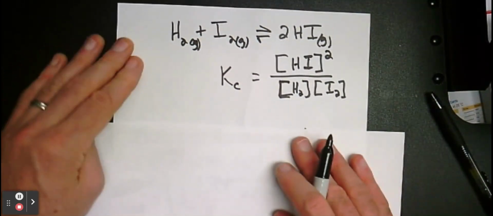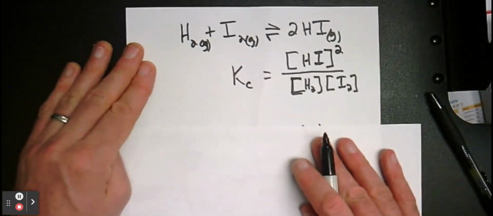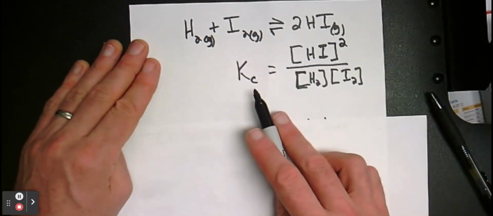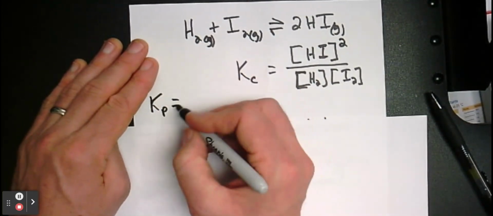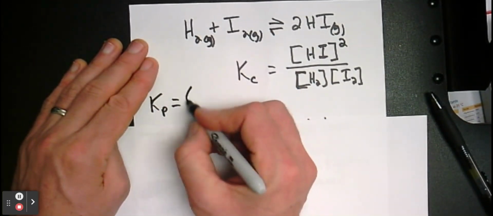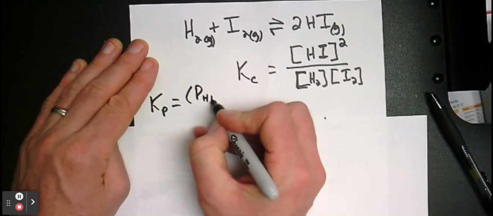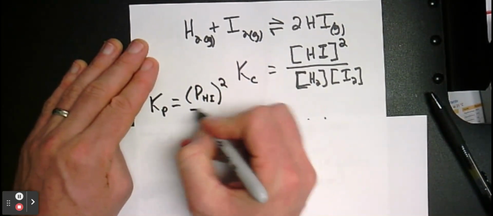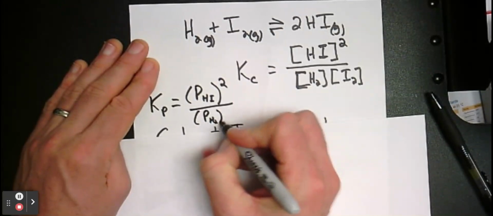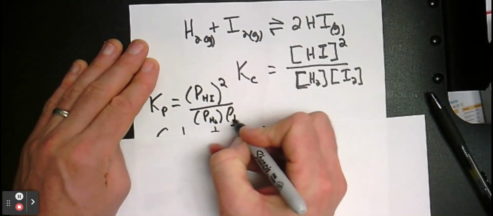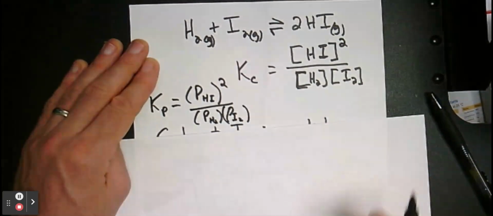And these aren't typically gases where you're going to have concentrations, but that's how you would write it. It'd be Kp, and it would be the same thing in terms of pressure, like that.